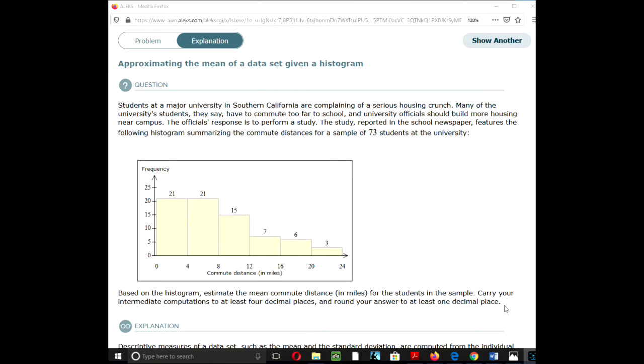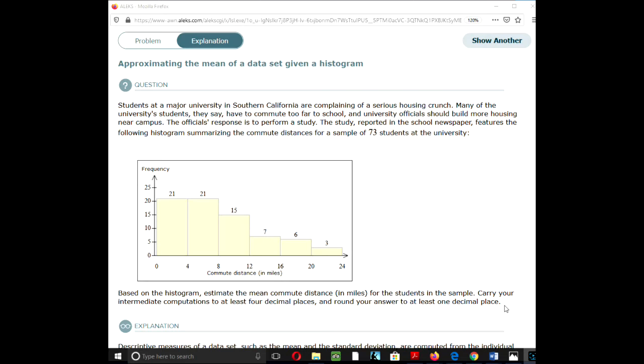Approximating the mean of a data set given a histogram. Students at a major university in Southern California are facing a serious housing crunch. Many of the university students say they have to commute too far to school, and university officials should build more housing near campus. The officials' response is to perform a study.